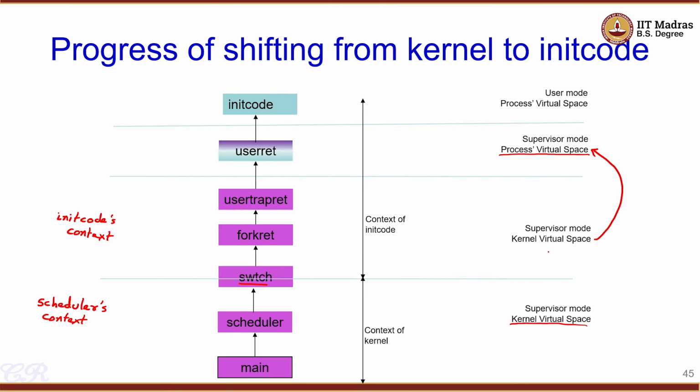Changing from the kernel's virtual address space to the process's virtual address space essentially means that we need to reconfigure the SATP pointer, right. So recollect that the CPU, in the paging or memory management unit, makes use of this SATP register, which points to the currently active process's page directory, right.